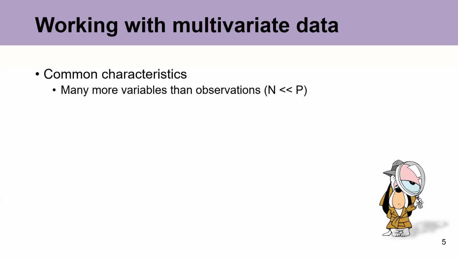But we cannot collect 76,000 participants. At most, 1,000 is already a big sample size. So you have the issue of having way more variables than observations.